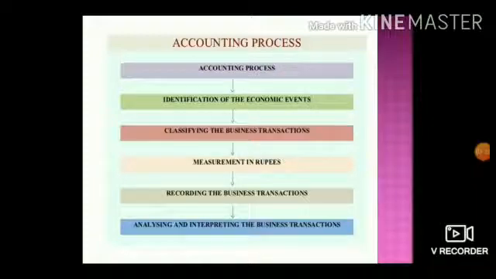The next step is the business transactions or the economic events which are measured in terms of money are recorded. And the final step is analysis and interpretation of the economic events or the business transactions.